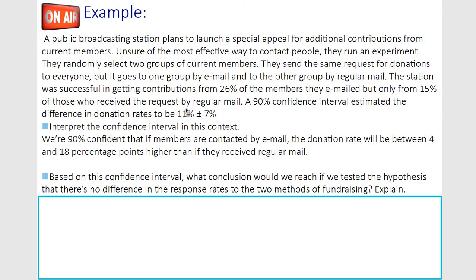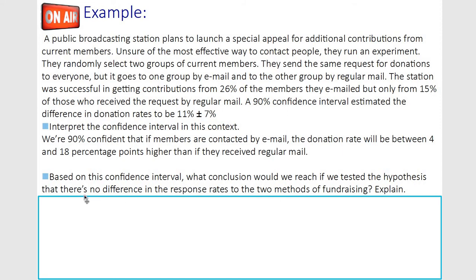All right, now again, look at the percentage. You've got it higher from email than you do those from regular mail. So since we've got a positive change here, or positive percentage, or difference, the bigger one's going to go first. Okay, so based on that confidence interval, what conclusion could you reach?